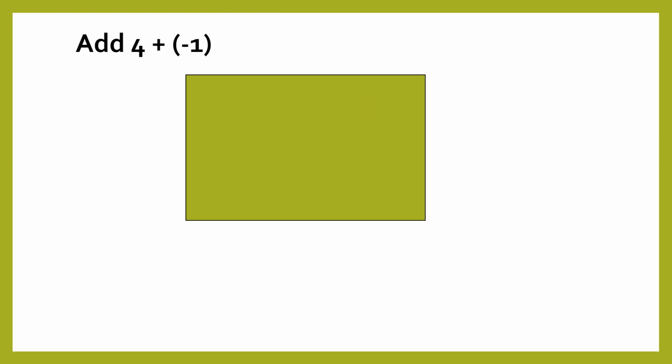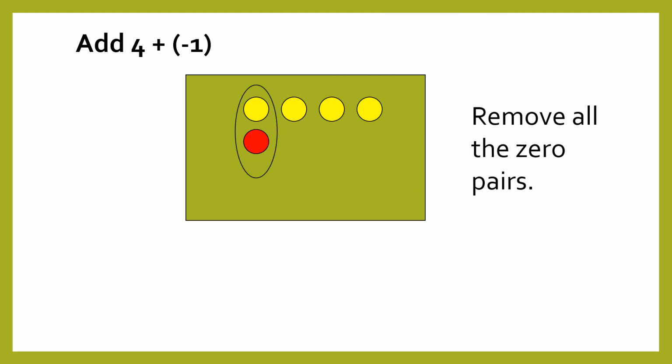Okay, next. We have 4 plus negative 1. So we have 4 yellow circles, then 1 red circle. So remove all the zero pairs. So we have 3. So that's positive 3.